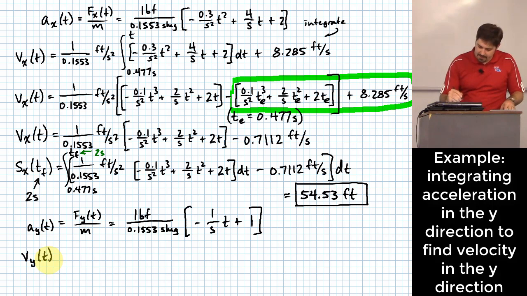To go to velocity, keep in mind the pounds force over slug is just foot per second squared, so I go to 1 over 0.1553 foot per second squared.